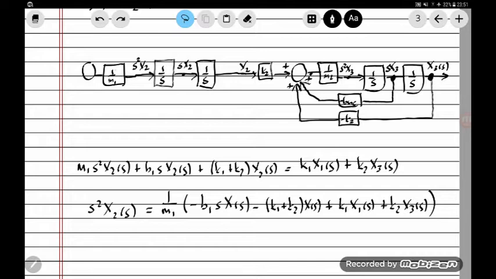So this is 1 over m1 times some sum of signals. If you look at this sum of signals times transfer functions, we can see there's a few terms that need to be summed into the summing junction.